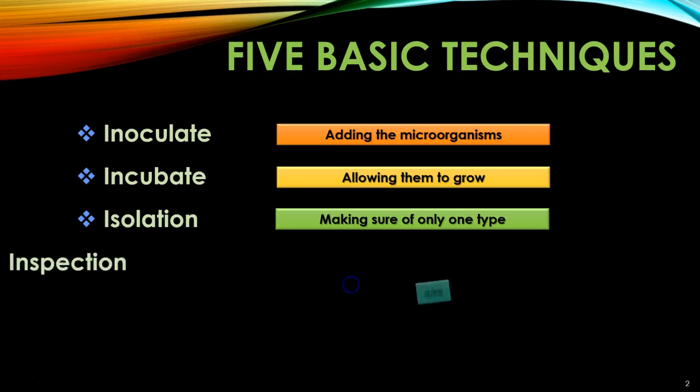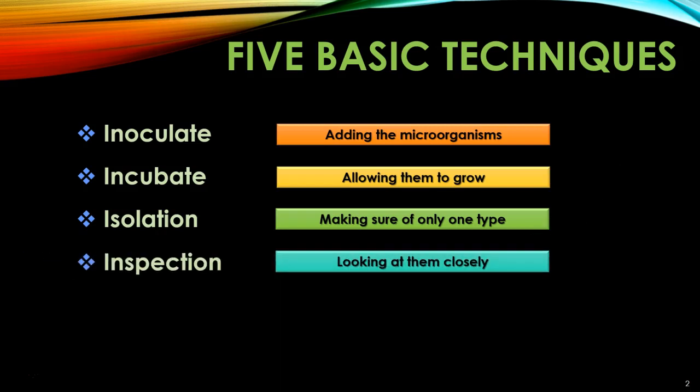Now, some of the other rapid tests that we are going to talk about, we don't necessarily have to have just one type. The test will still work. But when we're looking at the bacteria using conventional methods, or maybe ancient techniques if you want to call them that, we really do need to be working with one.